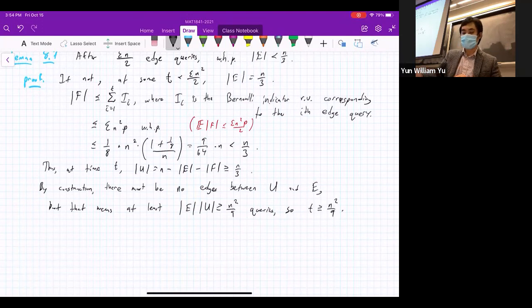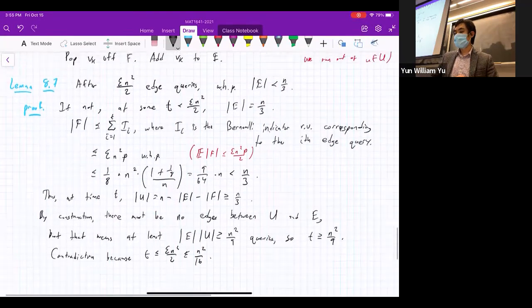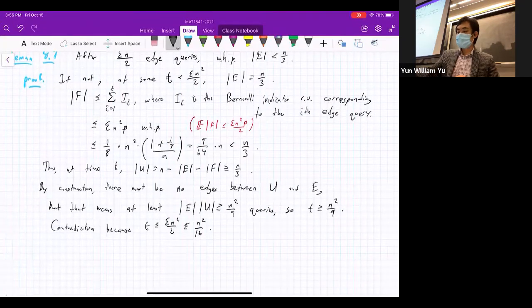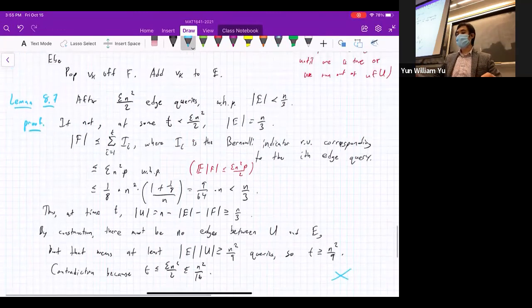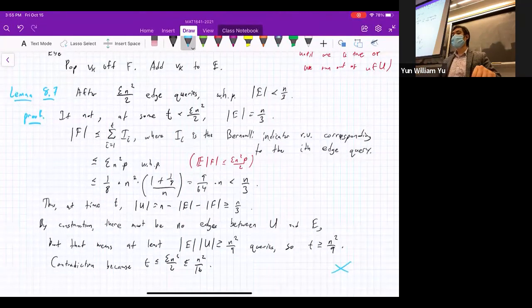Now this is a contradiction, because T is less than or equal to epsilon n squared over 2, which is less than or equal to n squared over 16. And therefore, this proves the lemma. This is just a technical lemma about the size of the set of explored nodes after some number of edge queries.